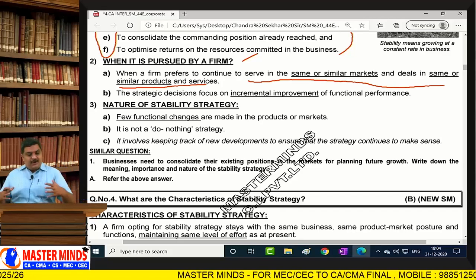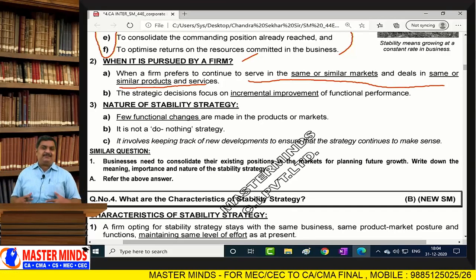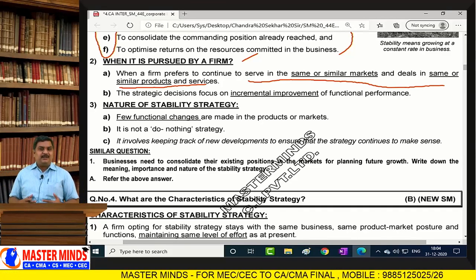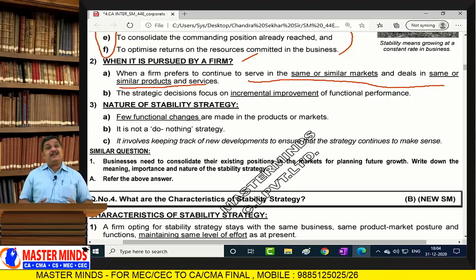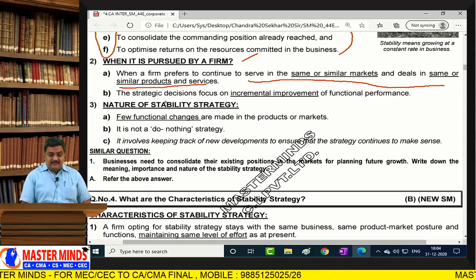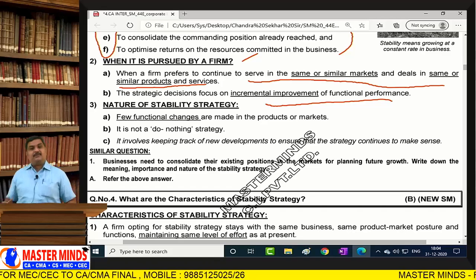You have to do the work in an intensive manner. Once you reach a position, what is more important to keep that position? Intense efforts. That is why it is called intensification. And the strategic decisions focus on incremental improvements of functional performance.